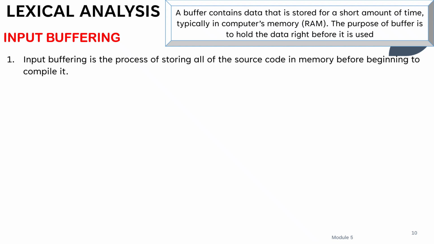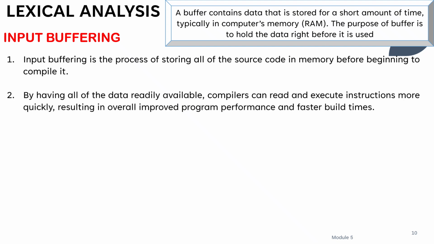Let us see how this buffering works for lexical analysis. Input buffering is the process of storing all of the source code in memory before beginning to compile it. That is, before the lexical analysis starts its compilation process, the source code is brought into a temporary storage, that is the buffer.